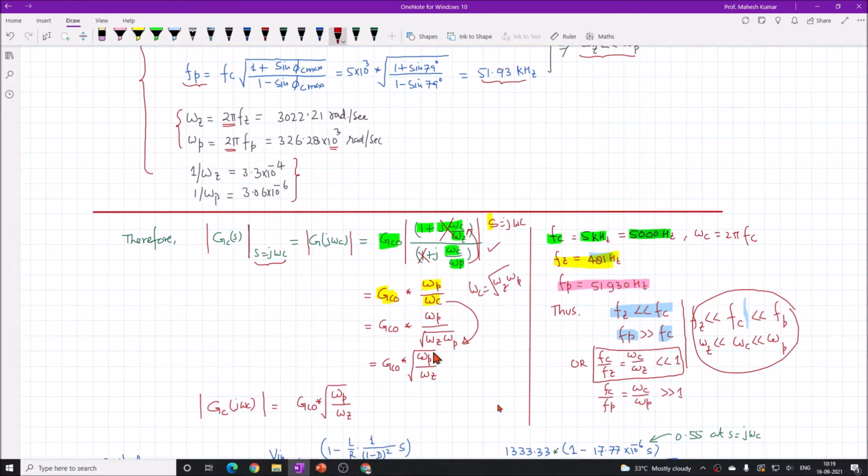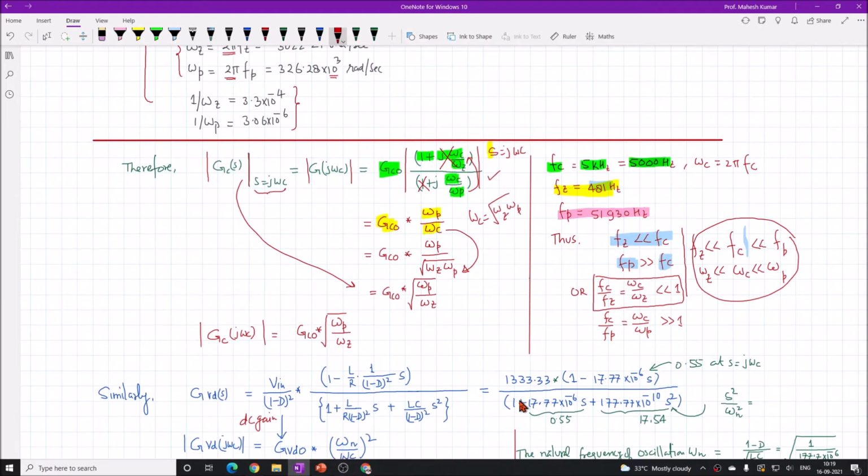This becomes omega p by omega z into GC0. So this is the magnitude of GC(s) at s equal to omega c. This is mentioned here. This is the magnitude at omega c.